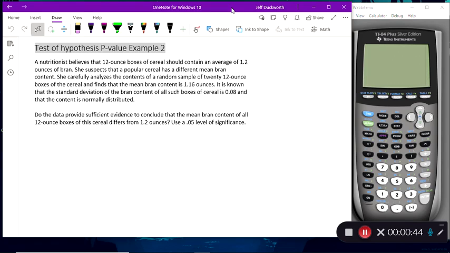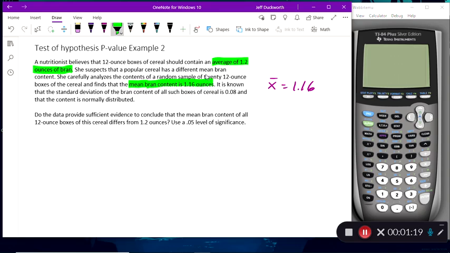All right, so let's break down the things that we know there. We want to try to test if the average is 1.2 ounces of bran. This is our given essentially as to what we're testing against. So our sample finds the mean bran content as 1.16, so X bar equals 1.16.